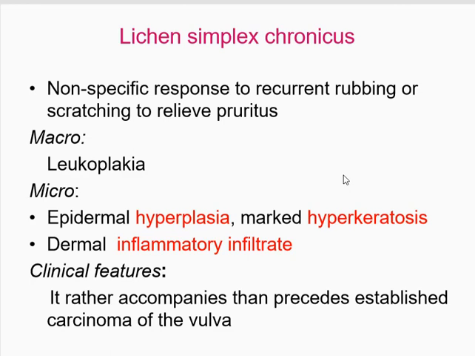This also presents as leukoplakia, so a white patch. In contrast to lichen sclerosus, you see epithelial hyperplasia, marked hyperkeratosis of the epithelium, and there is also an inflammatory infiltrate in the dermis. It is not a precursor lesion of carcinoma.